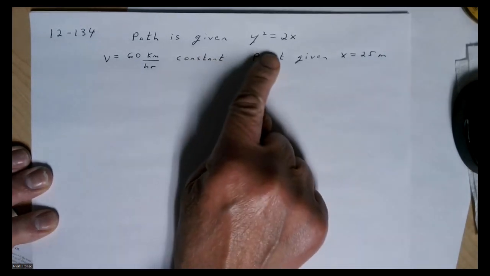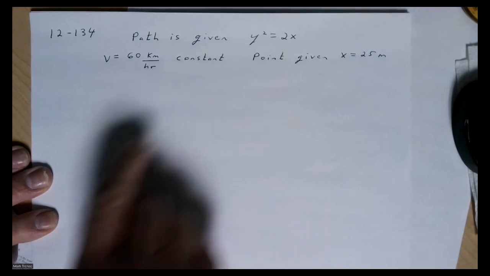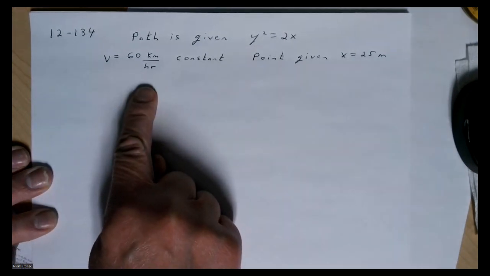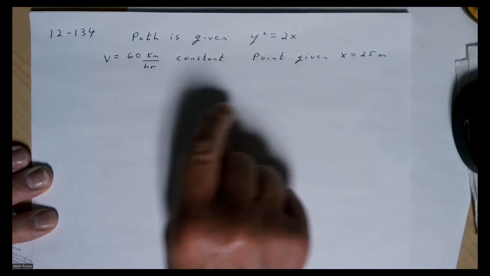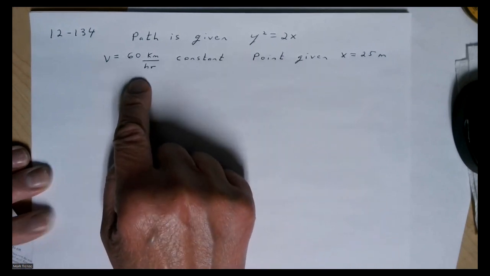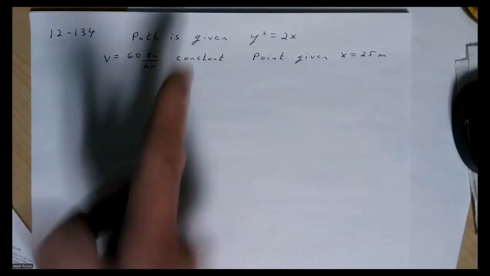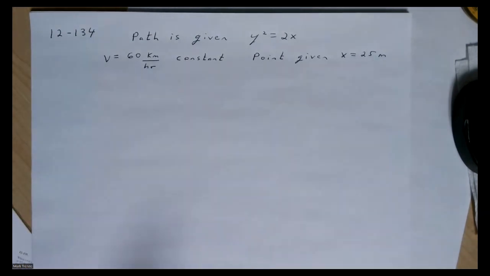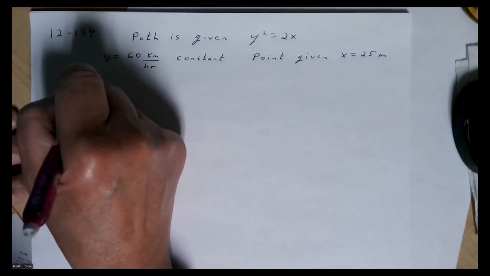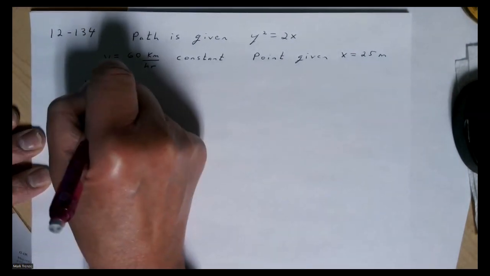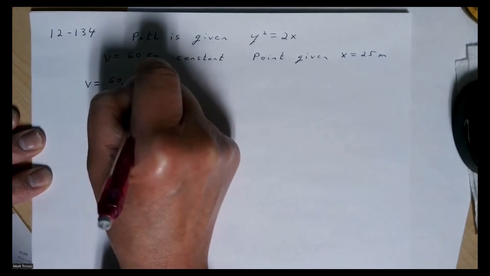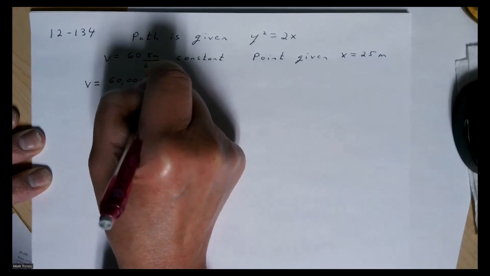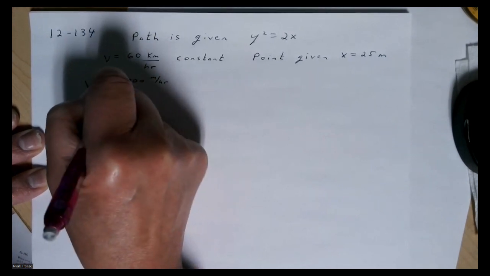So again, the path is given as y squared equal to 2x. We're given the velocity, which is constant, and the point is given. Now, you can work with kilometers per hour. Usually I convert that to meters per second. So let me just do that. If it's 60 kilometers per hour, that would be 60,000 meters per hour.